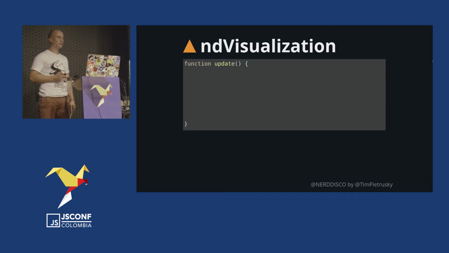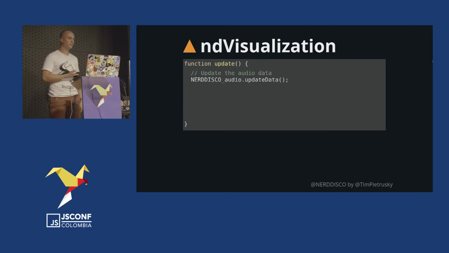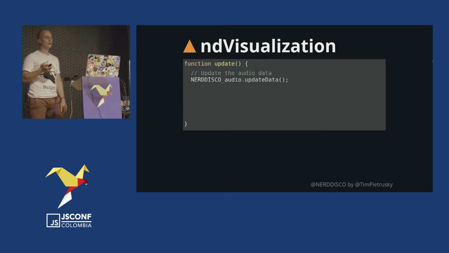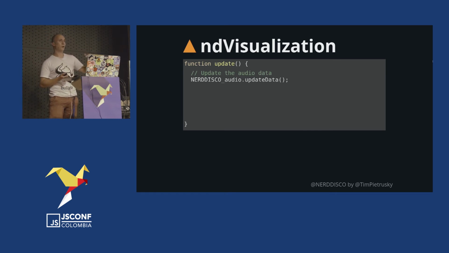So we just looked at the update function again, because I don't want to put all the drawing code of the elements inside the update function. Everything I want to draw on the canvas should be somewhere else. So what I'm doing here is I call the update data function on the audio. So when the update function is called, I get the frequency data of this specific moment in time from the audio that is currently played.